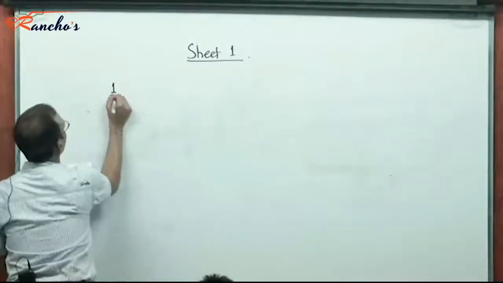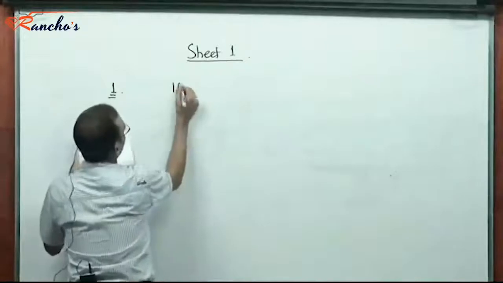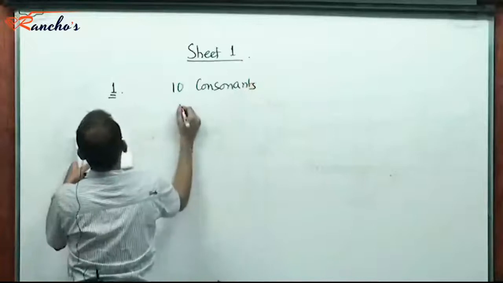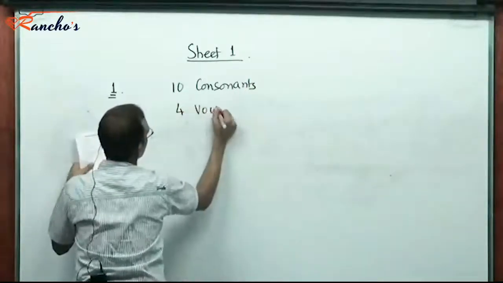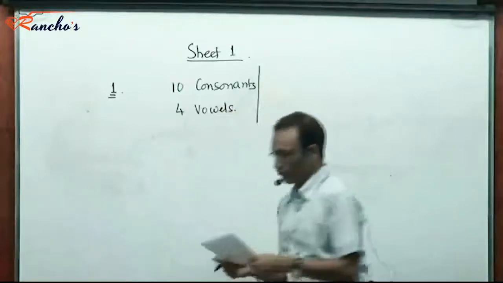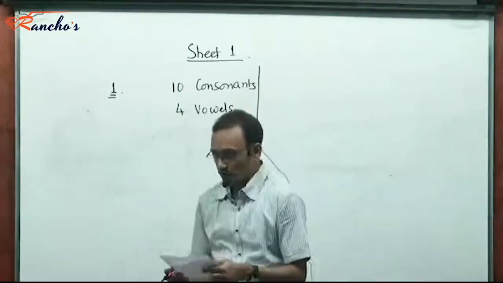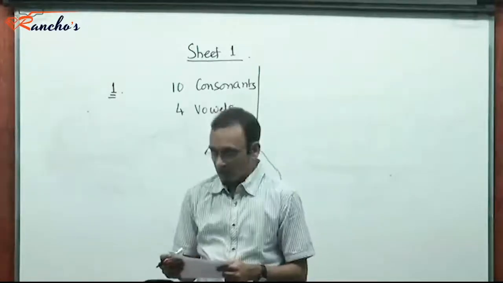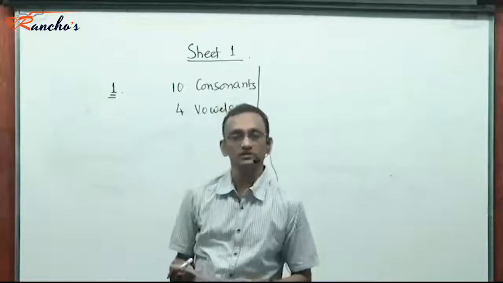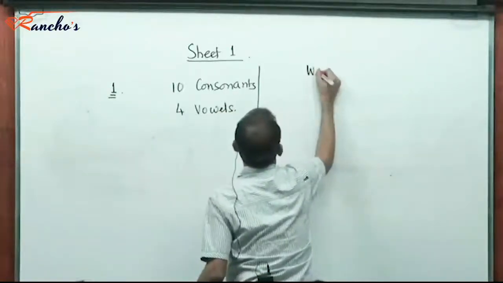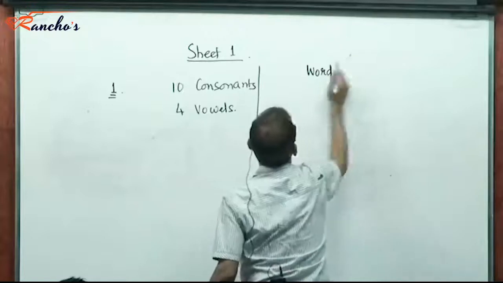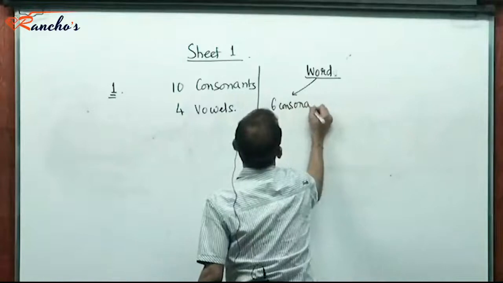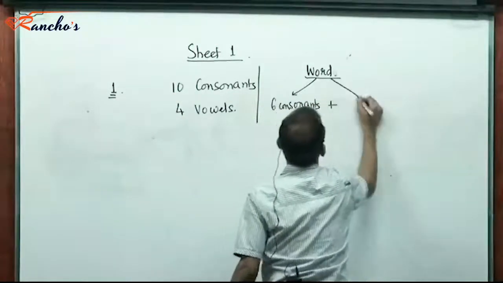In the first problem, we are talking of 10 consonants and 4 vowels, and we want to be able to constitute words comprising 6 consonants and 3 vowels.